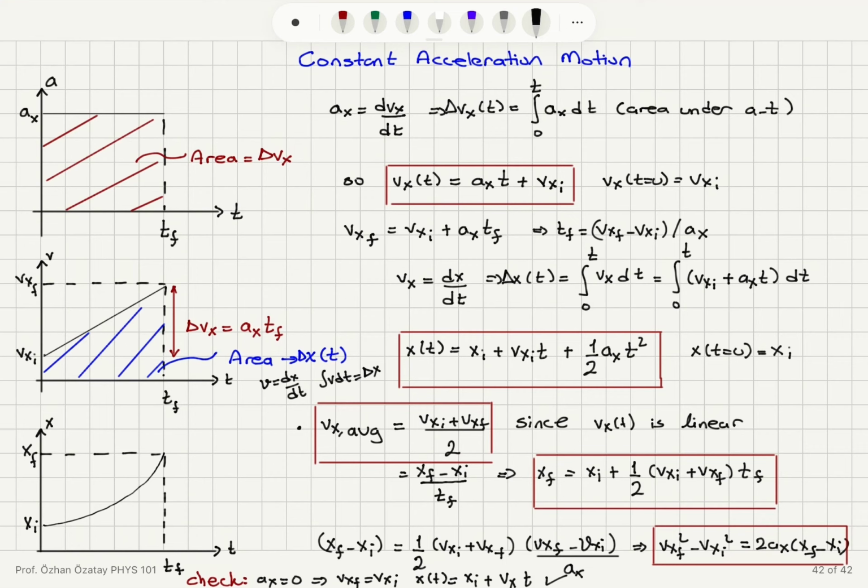By manipulating these equations and substituting for t final, Vx final minus Vx initial over Ax, we can see that the velocity can also be written in terms of the acceleration and position as Vx final square minus Vx initial square is 2ax times x final minus x initial.